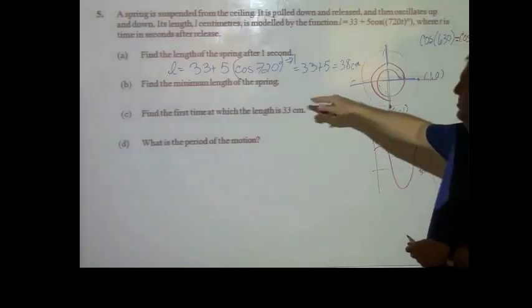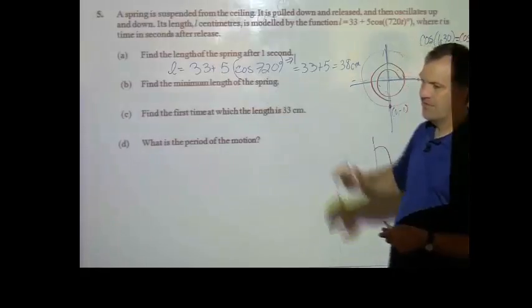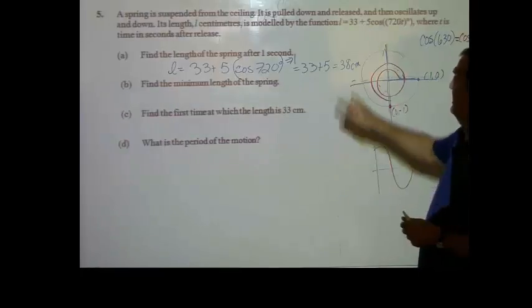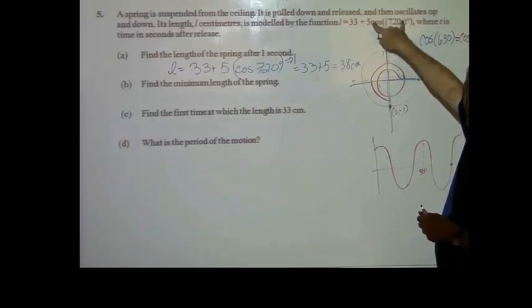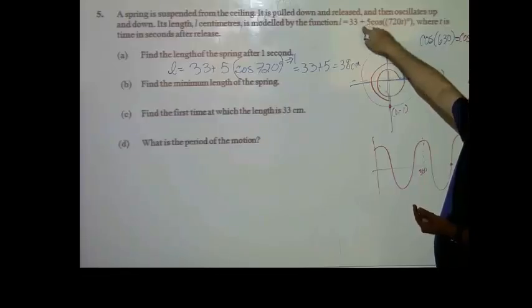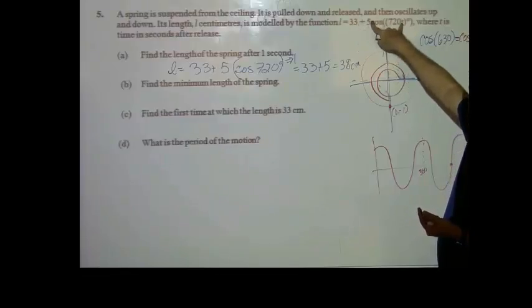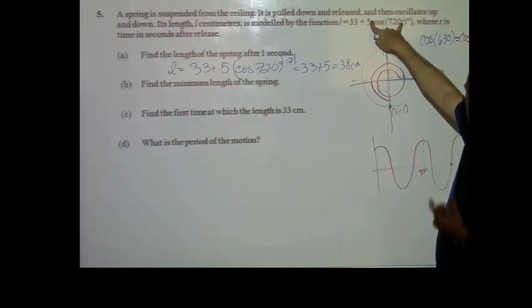So now, find the minimum length of the spring. If you think about it, we have 33 plus this. So the first thought is, well, add nothing to it, and that would be the shortest distance.